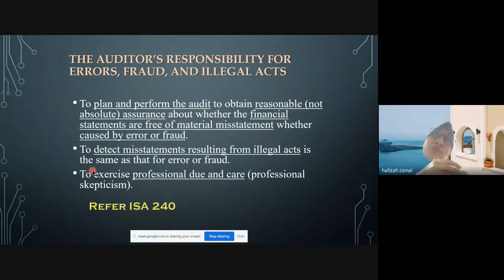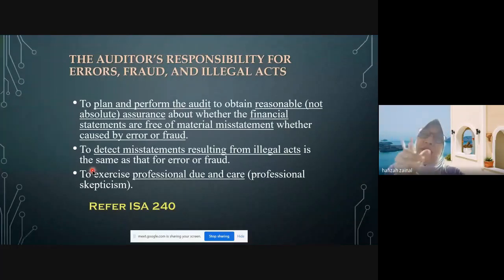Okay, so we have to know what our do's and don'ts are. So in that scenario just now, if the client asks you to prepare the table of hire purchase, should you do that? If you want to do it for your own working paper, yes, you may go ahead. But if you prepare one and you pass it to the client, it is actually not right. Okay, why? Number one, it is considered an accounting job. You are coming to the client to do the audit, not to do the accounting work.